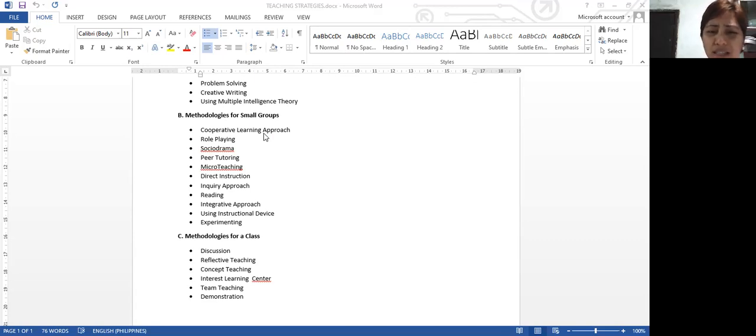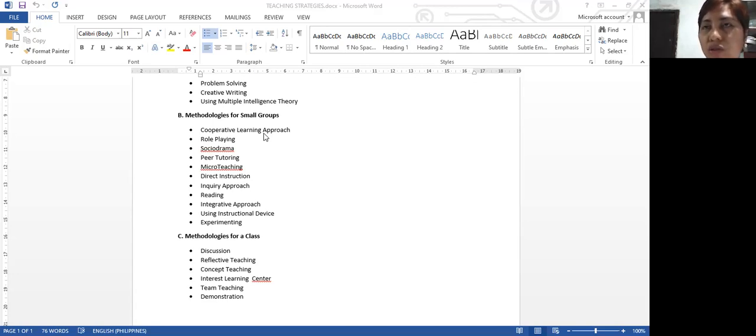The difference here is that in cooperative, it seems like they have a director or a leader in doing the task. Whereas in collaborative, they don't have a leader. They would just work as a team.